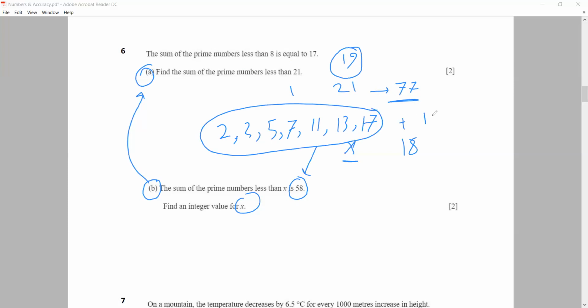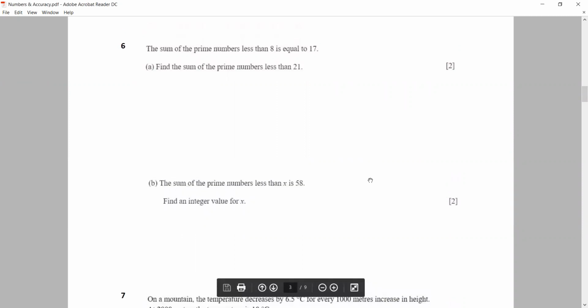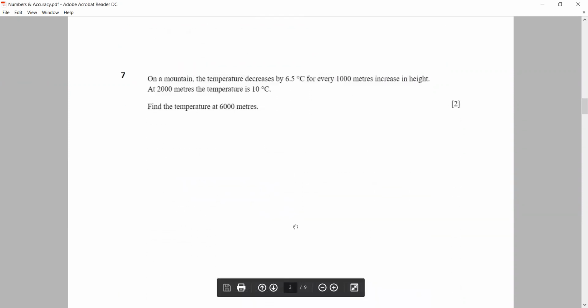If you add 19 to it, which they ask us in part A, we get 77. So you should get help from part A. There is a reason they're giving you these questions in order. So don't panic. This was not a difficult question at all. Maybe later on you can think about it and see if you have any issues with that or not.